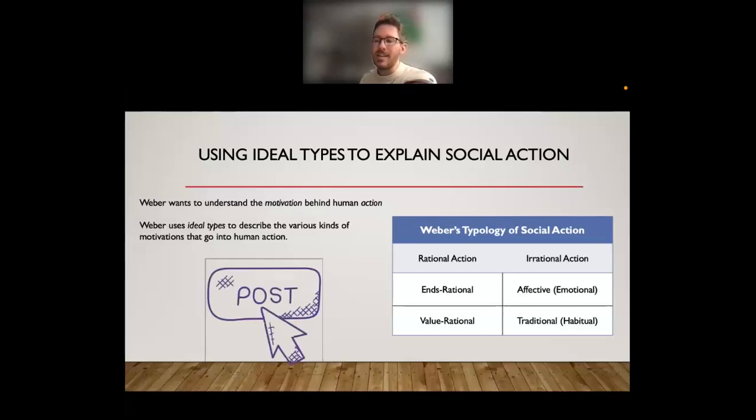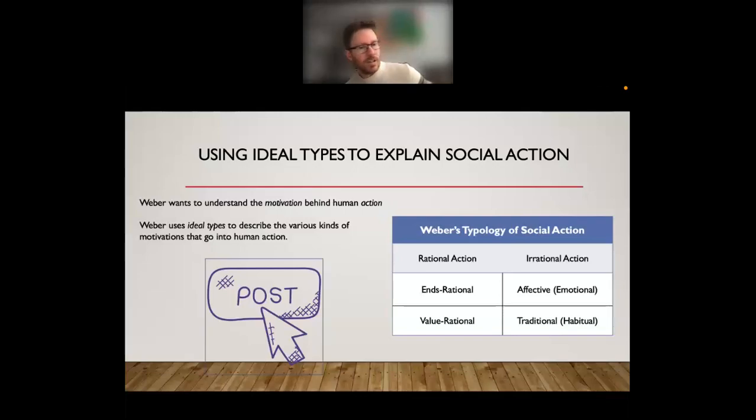So let's take an example of someone who posts fake news on the internet. We could imagine that there are 4 types of motivation behind posting fake news. Someone with an ends rational post might be deliberately stirring up the population and trying to get people to vote for a different candidate.